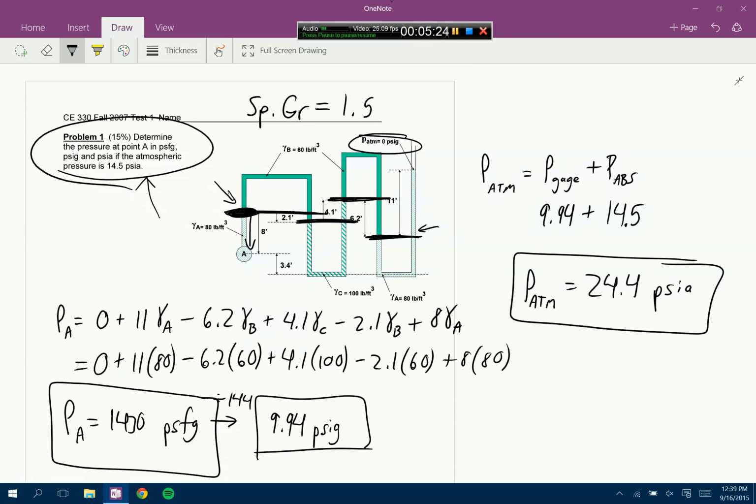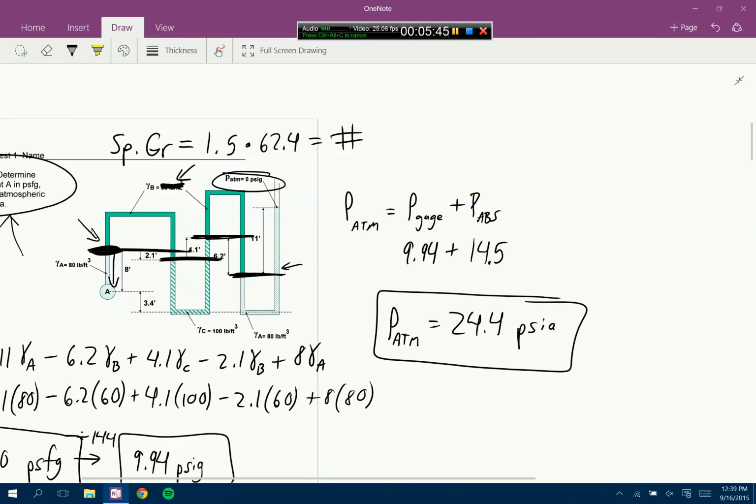And that's the specific weight of that fluid. So if the specific weight of, say, gamma B is not 60 pounds per cubic foot, and the specific gravity is 1.5, you would just multiply 1.5 times 62.4, and you would get whatever number for that particular fluid.